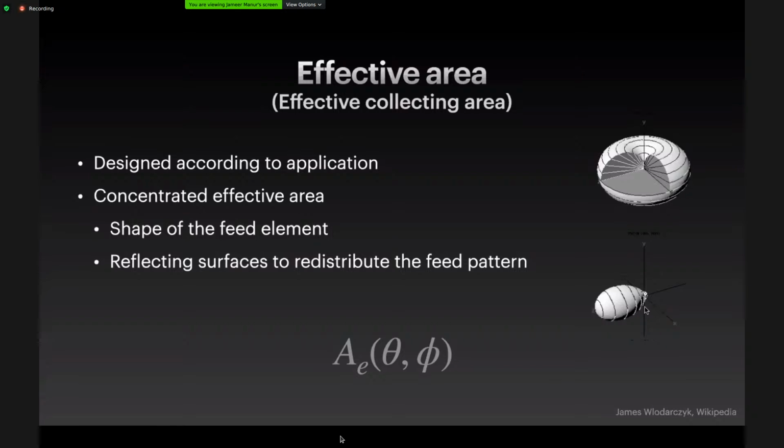If you design the horn of the antenna right, it will look something like this. So once the feed is designed, effective area is conserved, and you can use reflectors to redirect it such that you can get higher effective area than it was without the reflector.